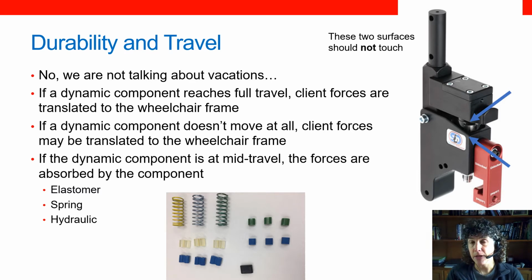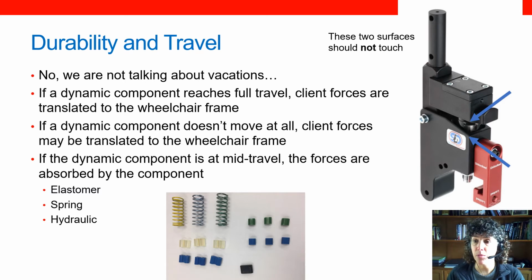Now, if the dynamic component reaches full travel, where perhaps in this example here you see a picture of the dynamic rocker back interface and we have these two blue arrows, if those two surfaces actually touch each other, the elastomer is not strong enough. It doesn't have adequate resistance for this client, and by those metal surfaces touching each other, the force that the client is exerting, rather than being absorbed any further by the component, is now translated to the frame, and that can actually lead to damage to the frame.